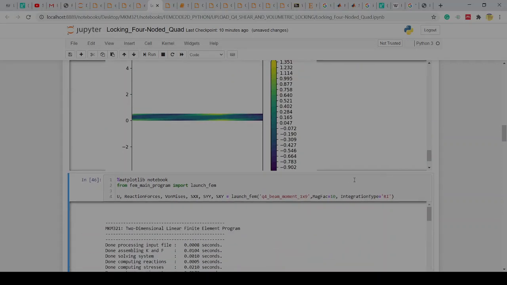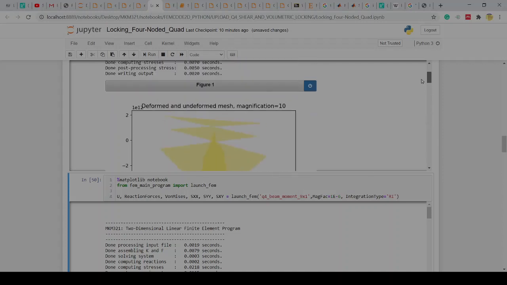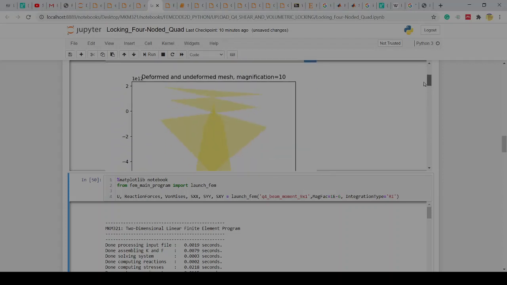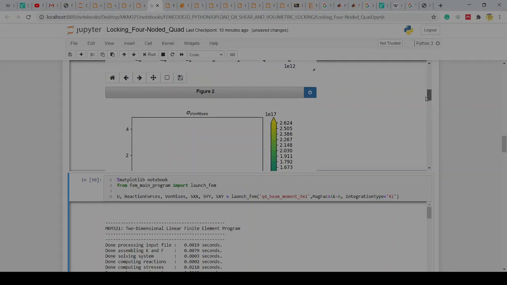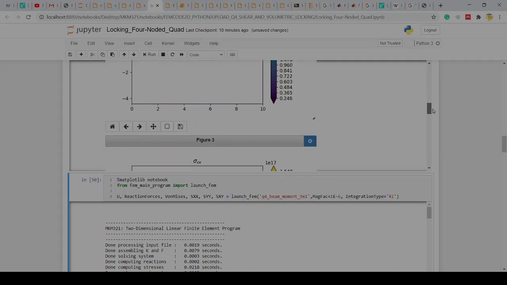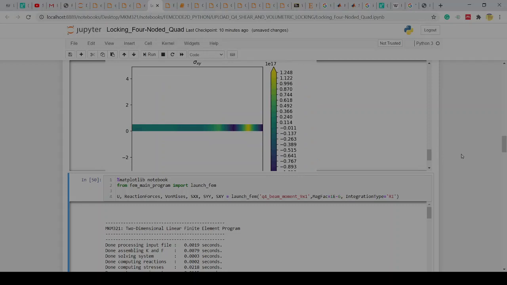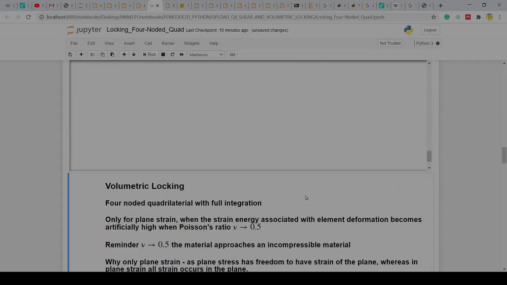Okay, so I can do the reduced integration on the 1 by 9 element. Okay, so 1 through the height, 9 along the length. Let's see what happens here. Magnification factor of 10, also craziness, 10 to the 17. You can just see this is not helping. Reduced integration on the 9x1 elements.